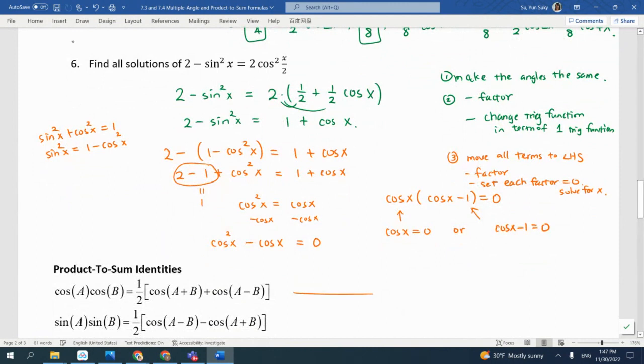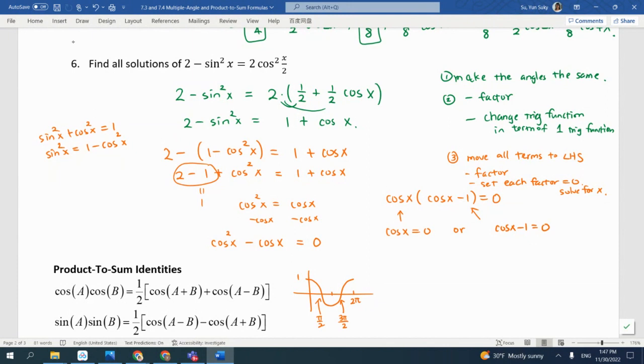Cosine x is 0. Let's see, what's the cosine wave? You start with 0 or 1? 1. So start with 1 and then go like that. So when does x give us cosine x is 0? What's this angle? Pi over 2. And how about this one? 3 pi over 2.